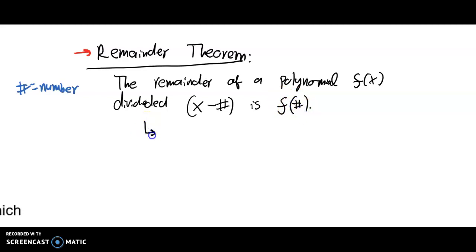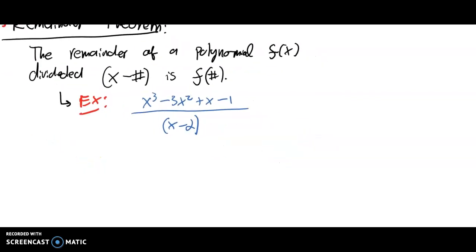So, for example, if I divide, let's say, x cubed minus 3x squared plus x minus 1 over x minus 2, and I want to know what the remainder is, I'm going to set this to 0.